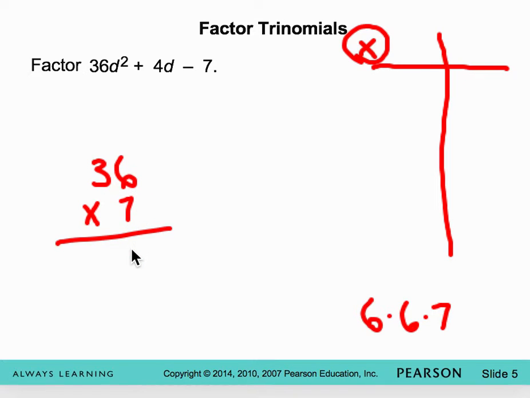7 times 6 is 42. 7 times 3 is 21, so it's 252. Negative, because it's a negative 7. And it's got to add to be 4. So one of these numbers has to be negative, right?